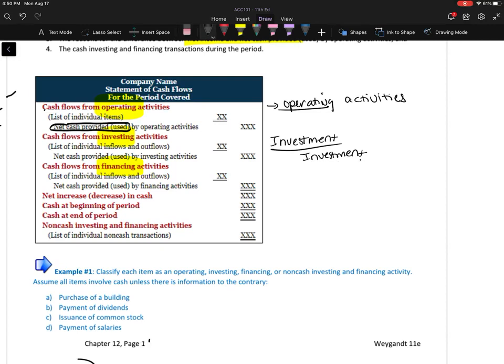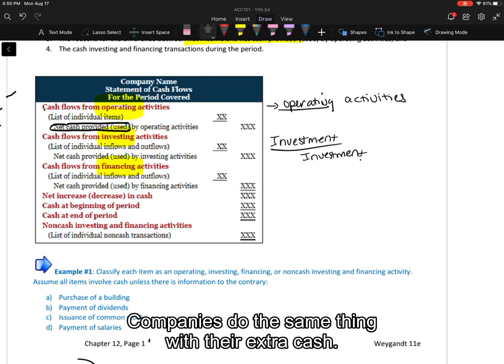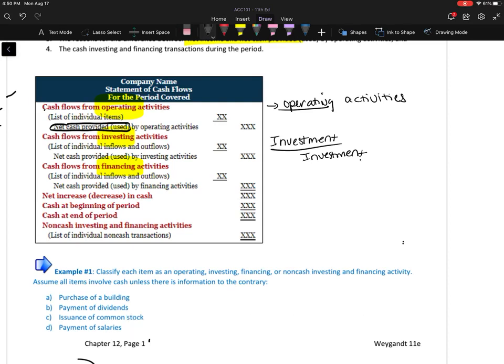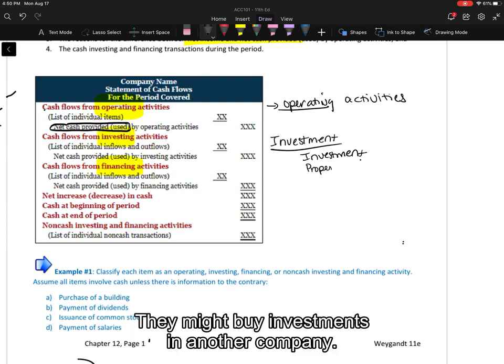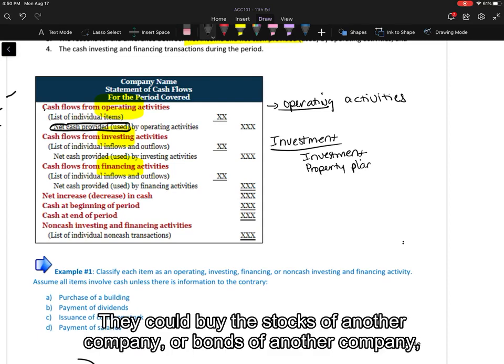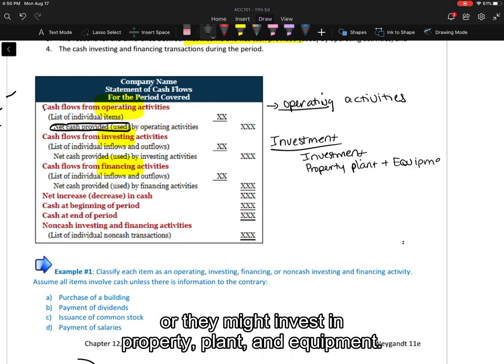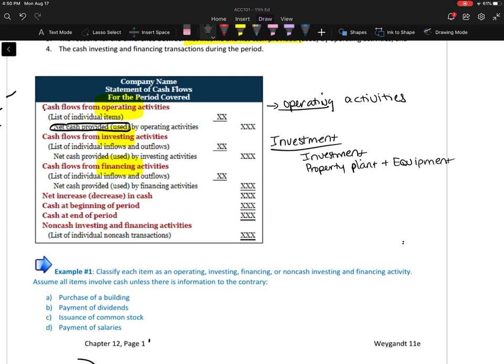Companies do the same thing with their extra cash. They might buy investments in another company, the stocks or bonds of another company, or they might invest in property, plant, and equipment.